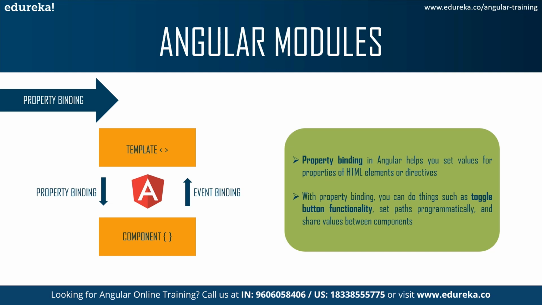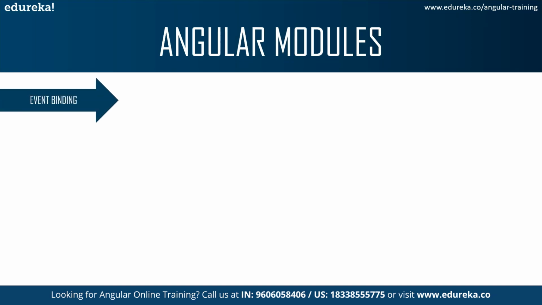Property binding in Angular will help you set values for properties of HTML elements or directives. We'll get to what directives are in our further session today. With property binding, you can toggle a button function or set paths programmatically and share your values between different components.